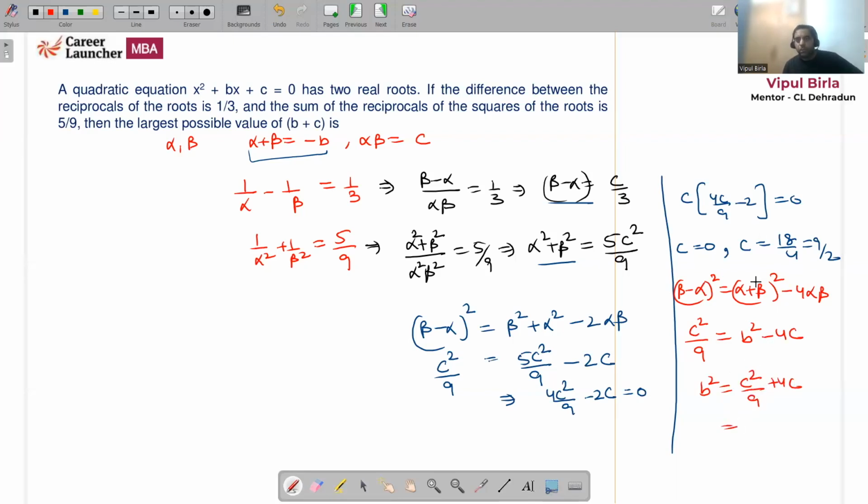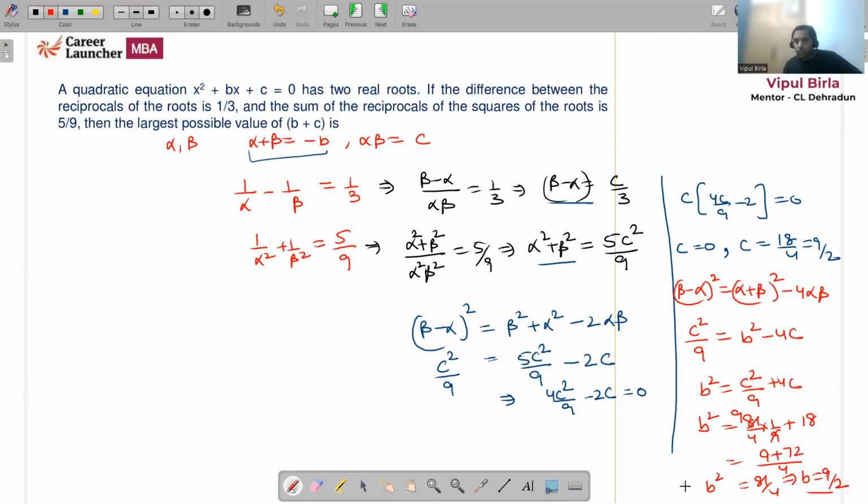Now, if C equals 0, B will be equal to 0, and if C is 9 by 2, B square will be equal to 81 by 4 into 1 by 9 plus 4 into 9 by 2, that is 18, which is 9 plus 72 by 4, which is 81 by 4. So B square is 81 by 4, which implies B is equal to 9 by 2. Because we need to maximize, we'll take the positive value. So B is 9 by 2.